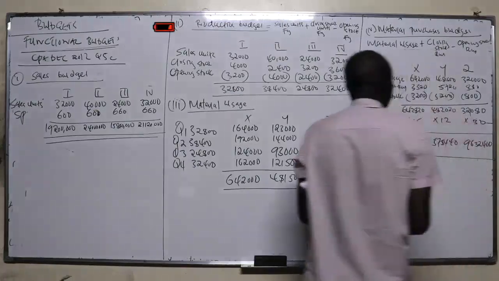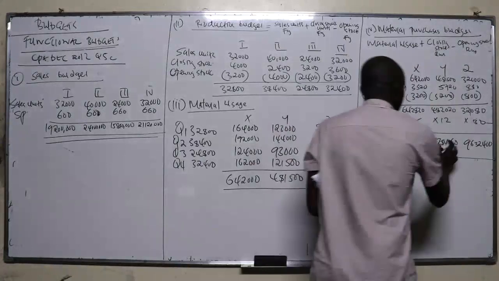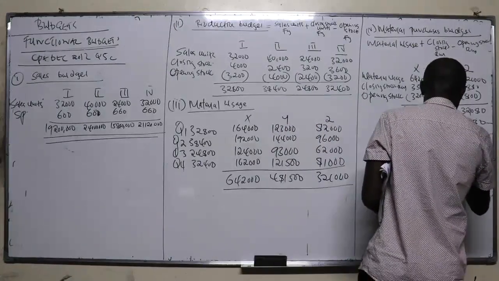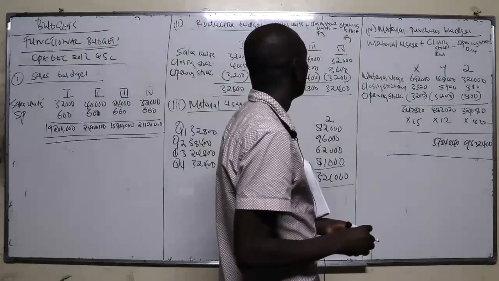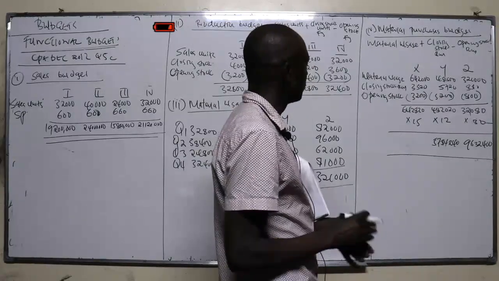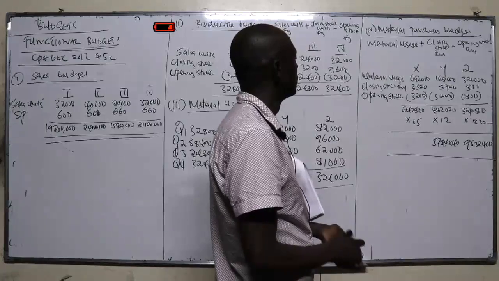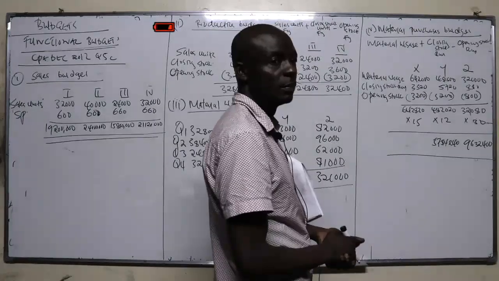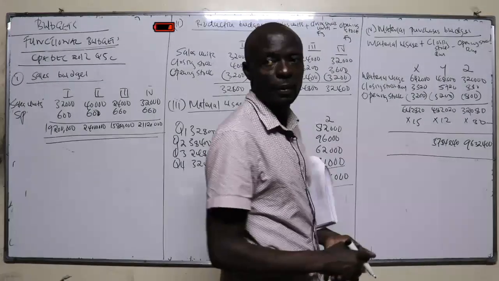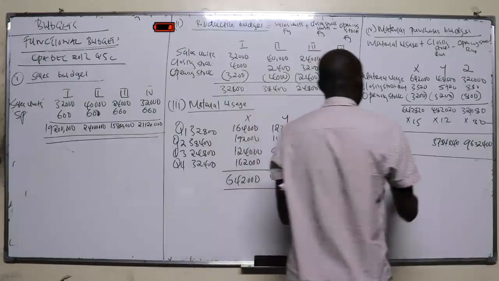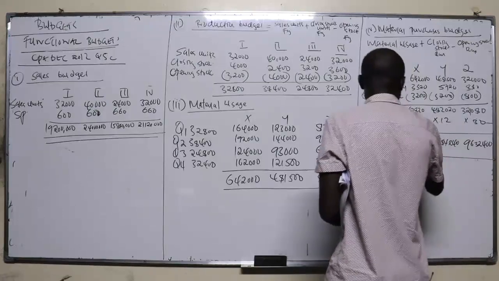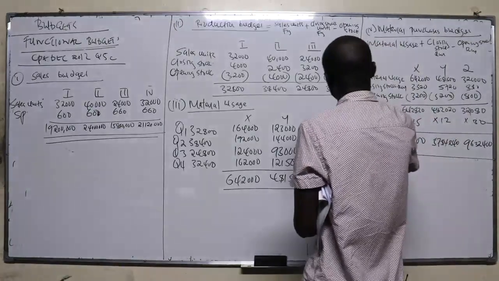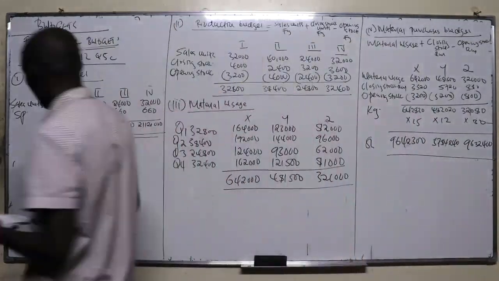And the other one, 240. So this is in shillings and this is in kgs. So that is how we do those.